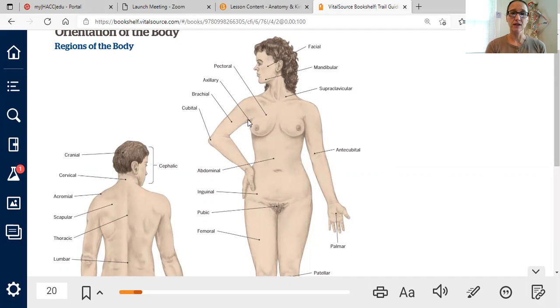Your axillary region is your armpit. This is the axilla. We do refer to the axillary area quite a bit because there are blood vessels, lymph nodes, and nerves in that area. The axillary area is an endangerment area. And what that means in massage therapy is that we need to be very, very careful when massaging in that area.